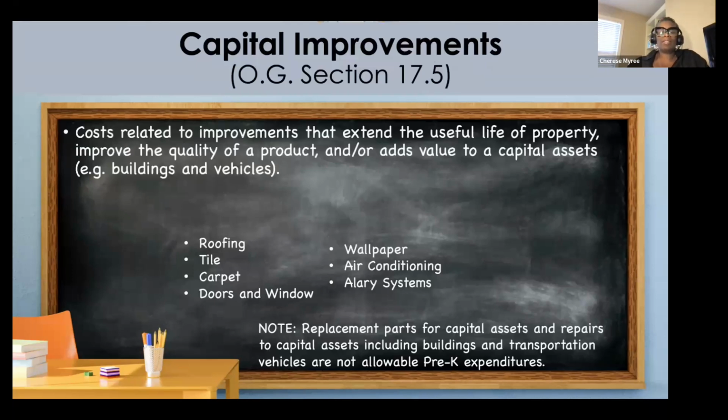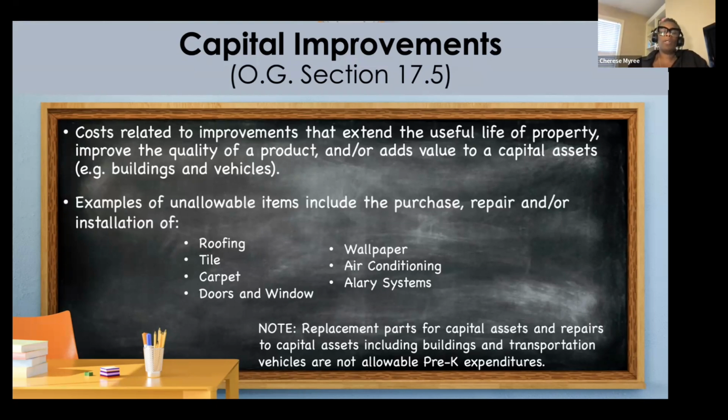So, with that said, there are also some things I want to talk to you about as it relates to capital improvements. And this can be found in section 17.5 of the operating guidelines. So, capital improvements are defined as any kind of improvements that will extend the useful life or improve the quality or value of a capital asset.